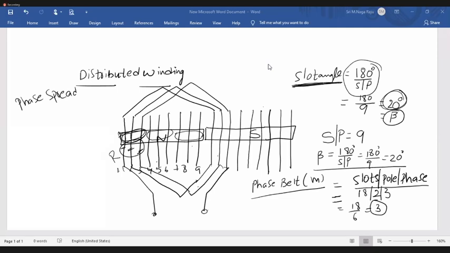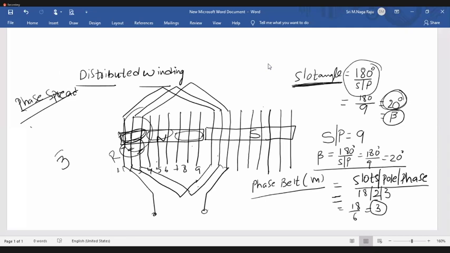Okay, next one is, see here, phase spread. First, write the definition. It is the angle obtained by phase belt. Now tell me, in this, what is the phase belt we have?